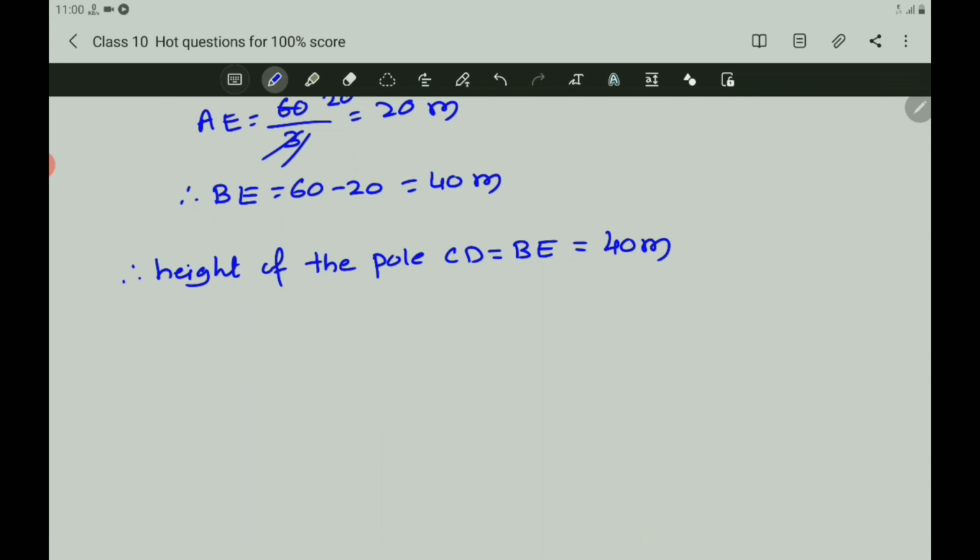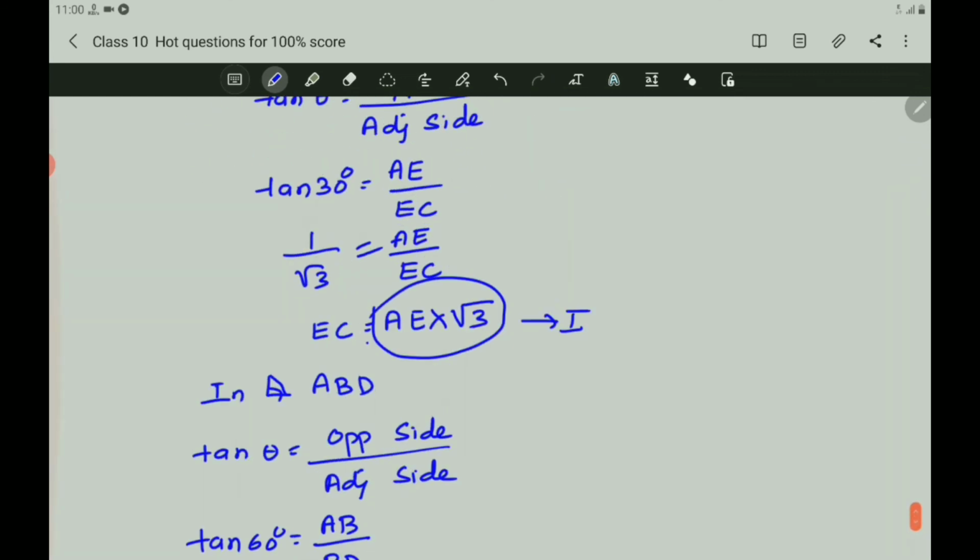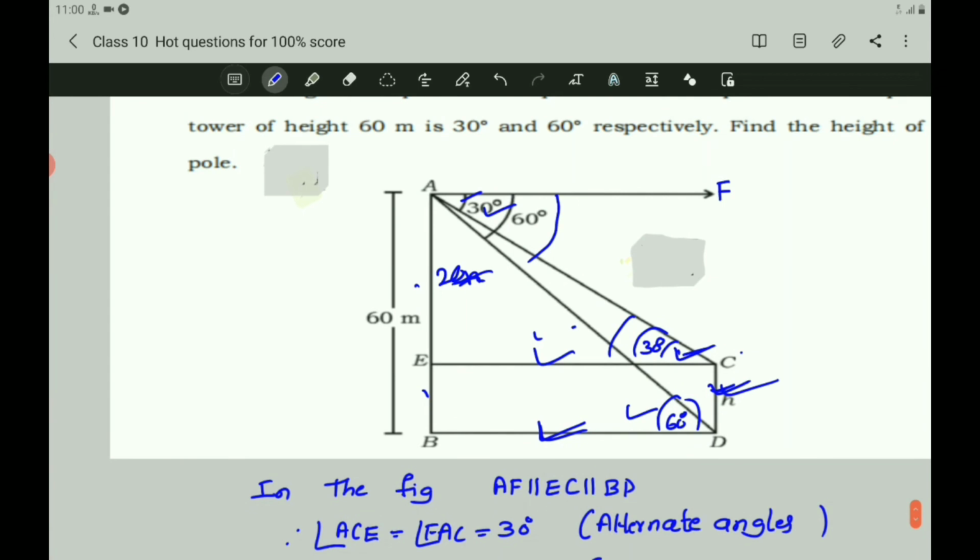CD equals BE equals 40 meter. In this way, if you got BE, that is nothing but the CD also. If you got the value of AE, then easily you will get the value of BE.